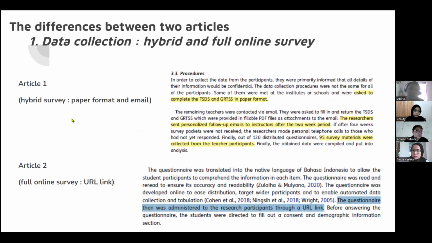Now, Miss Beauty will tell us the differences between the two articles. All right, so here are the differences between the two articles. It is about the data collection method.